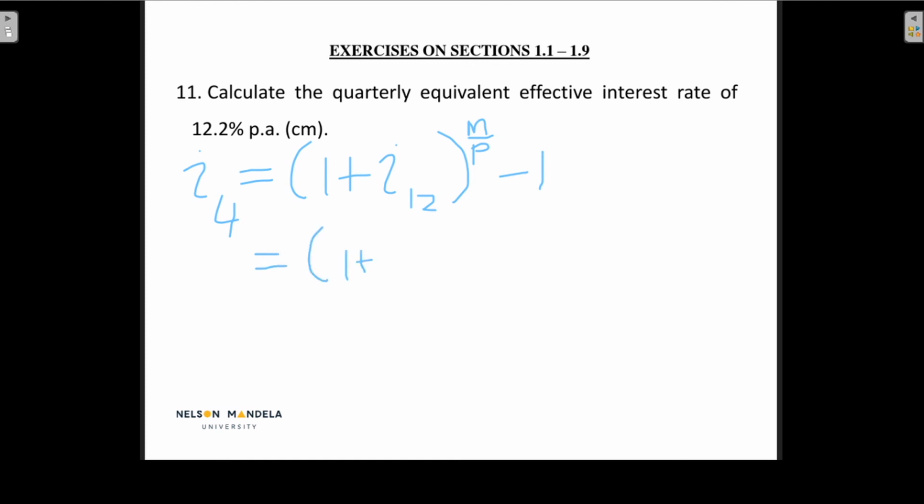Okay, to get my effective monthly interest rate, I take this 12.2%, I divide it by 12. My M is the 12, and my P is the 4.